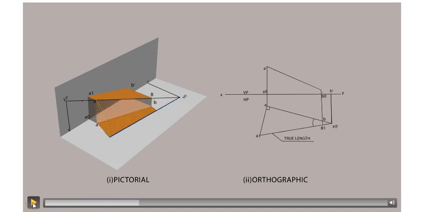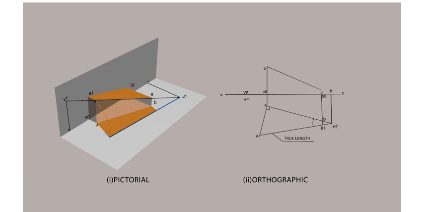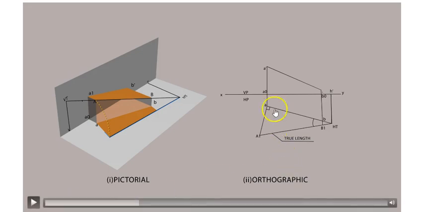So now we can see that the plane containing capital AB and small ab has been rotated so that it falls onto the horizontal plane. So what do we get here? On the right hand side, we see the orthographic representation where you can see the XY line. XY line is nothing but the line joining the horizontal and the vertical planes.